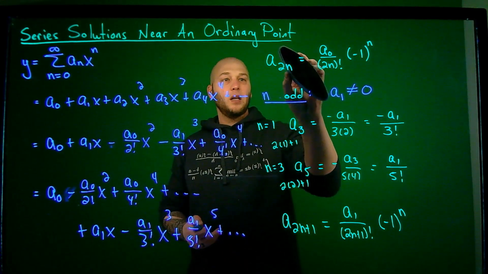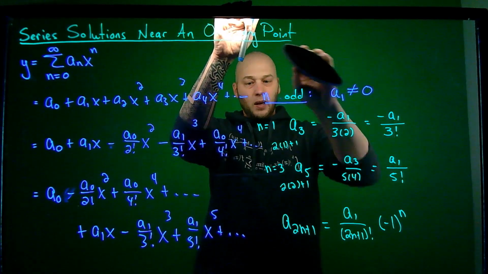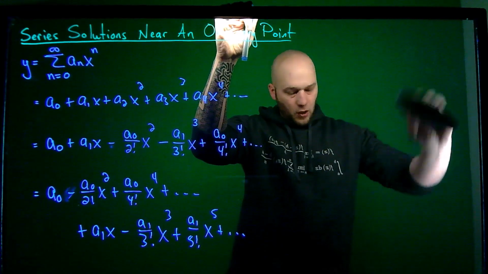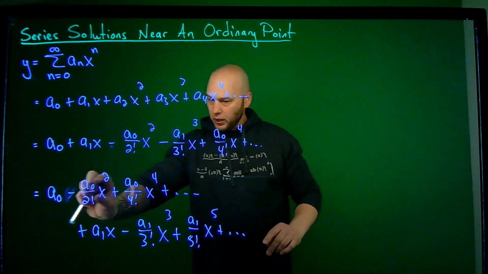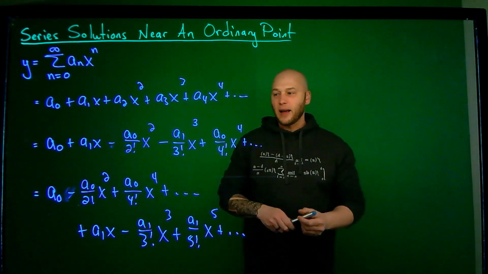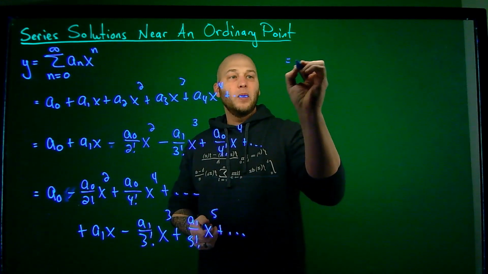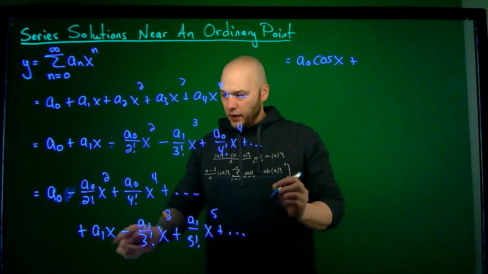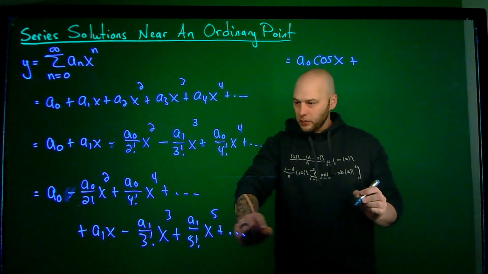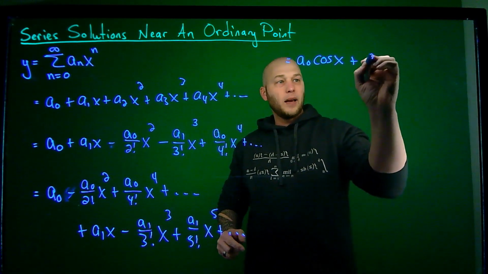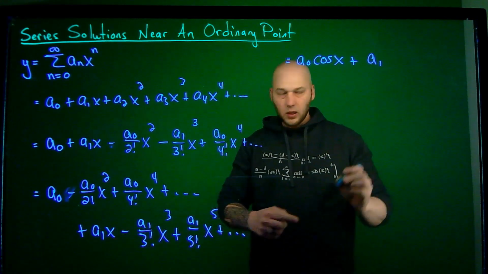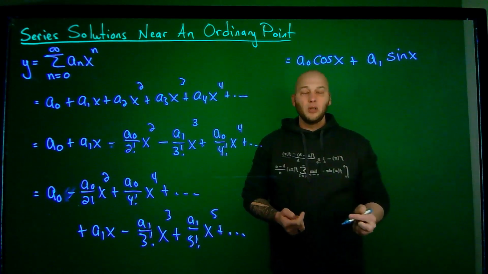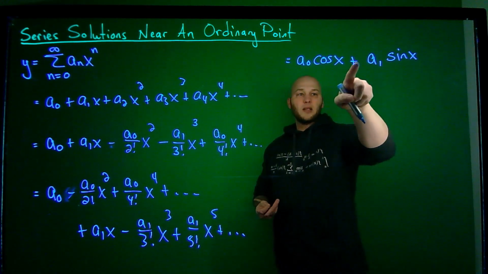And let's see what happens when we analyze those two strings of terms. Notice that if I factor the a naught out of this first string, it is actually equal to a naught times the cosine of x. Plus, if I take the string of odd power terms and factor out the a1, I get a1 times the power series of the sine function, telling me that the general solution is a naught cosine plus a1 sine.